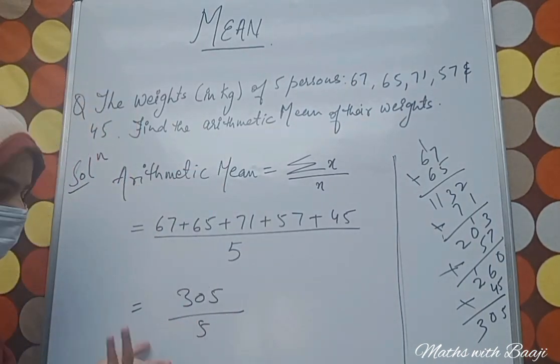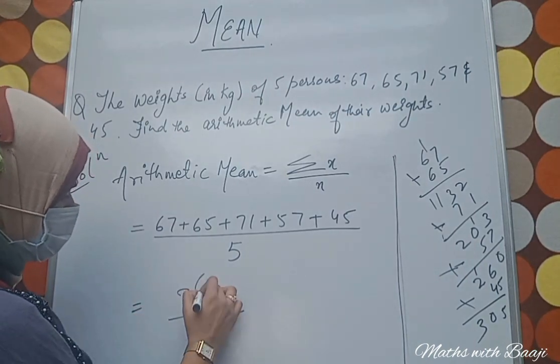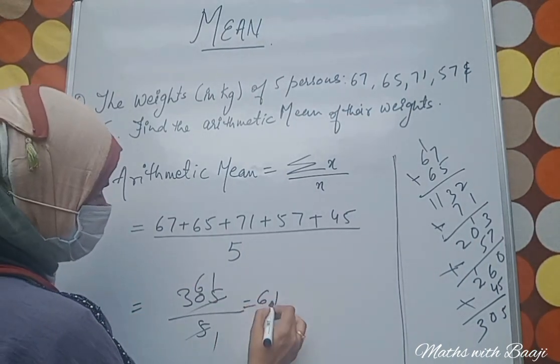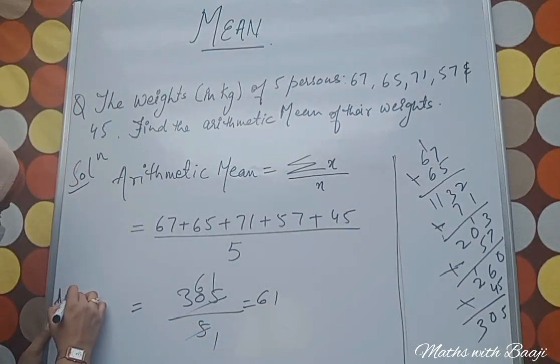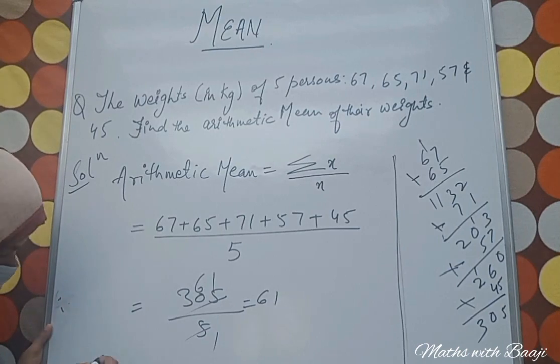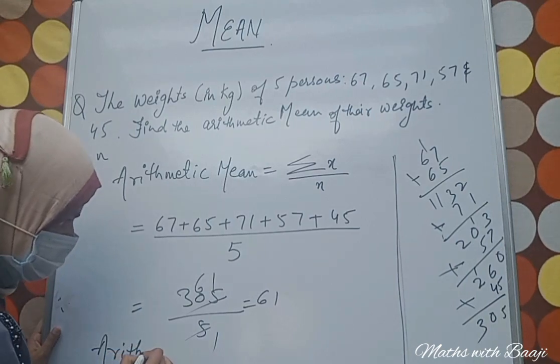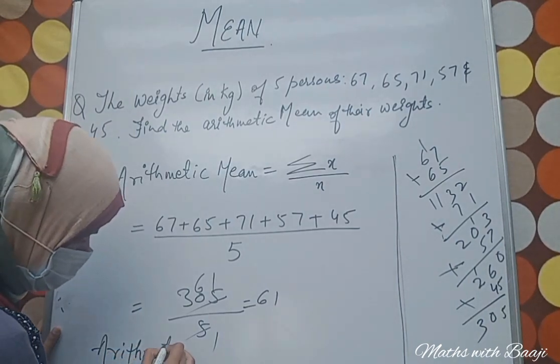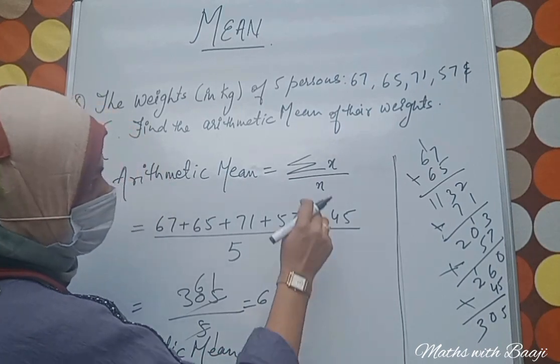So let's cancel out by 5. It can be clearly cancelled by 5. Table of 5: 5 sixes are 30 and 61. So the mean will be what? Arithmetic mean equals 61.